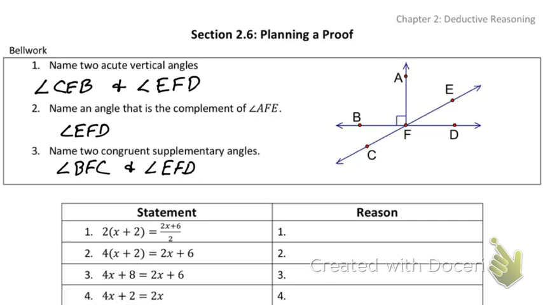Congruent, they have to be the same measure, right? Oh, you know what you named? Vertical angles. Those are both vertical angles, so they are congruent. But do they add up to 180 degrees? No.